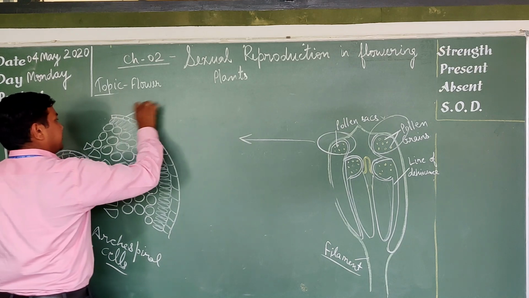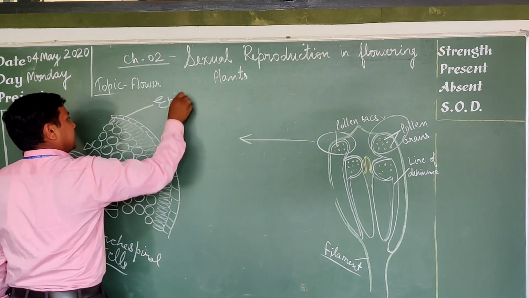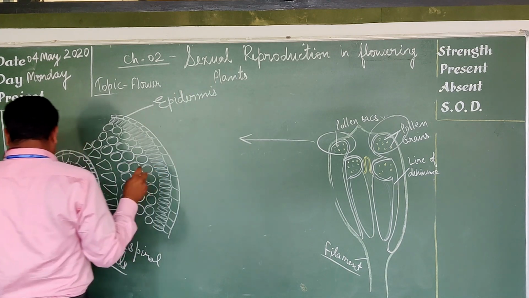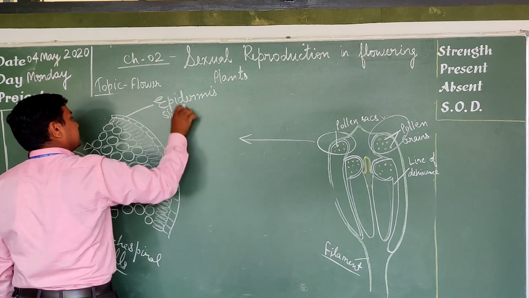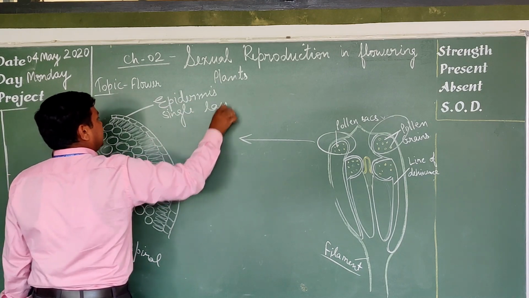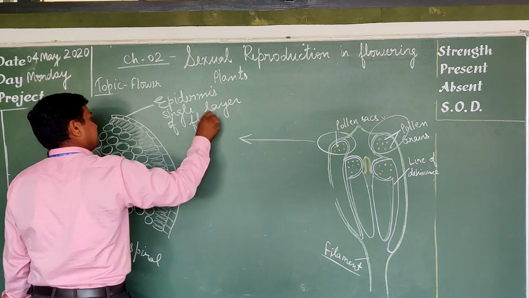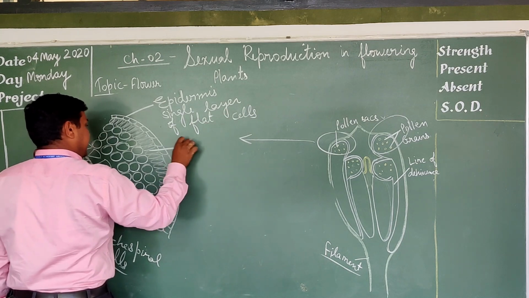So now, students, the outermost layer is known as epidermis, and epidermis is a single layer of flat cells. Second is the endothecium.